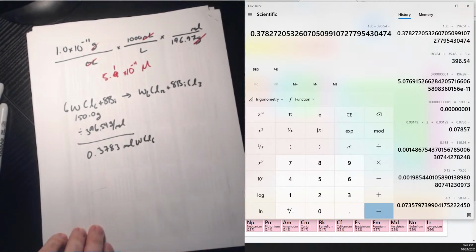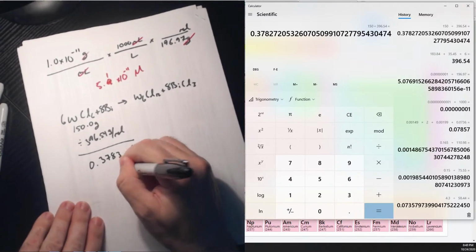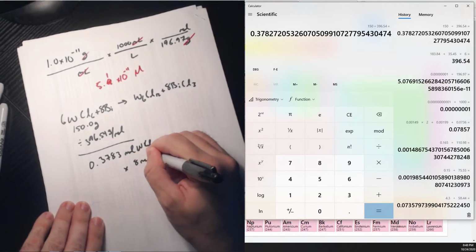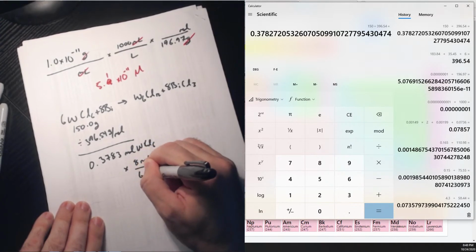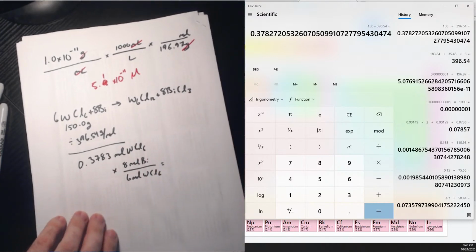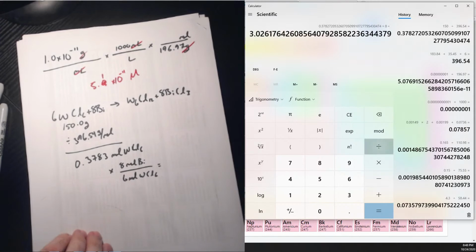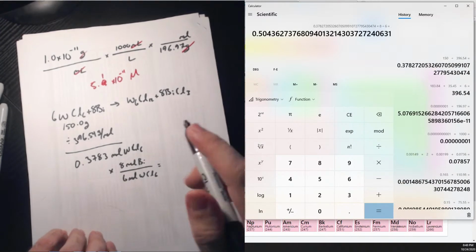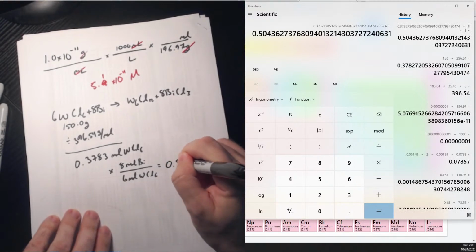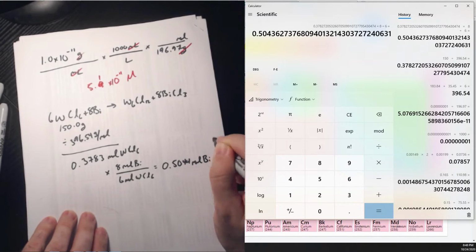And the bismuth, it's an 8-to-6. So now we convert 8 moles bismuth for every 6 moles of the tungsten hexachloride. So times 8 divided by 6. 0.5044 moles of bismuth.